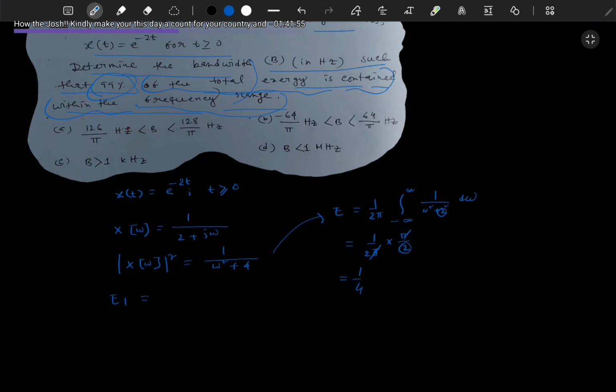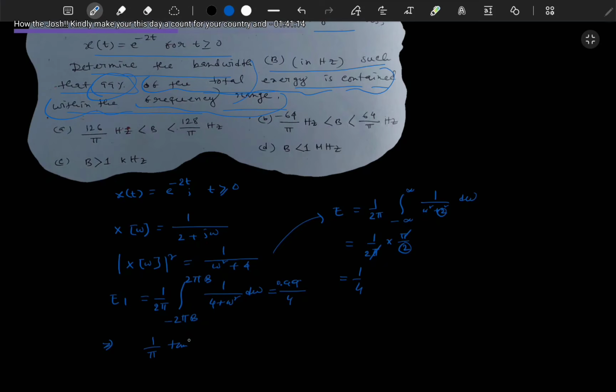So the energy we have found, and 99% of the total energy is told. So if the bandwidth is B, then the energy will be the integral from minus 2 pi B to 2 pi B of 1 by (4 plus omega square) d omega, and that is equal to 0.99 by 4.